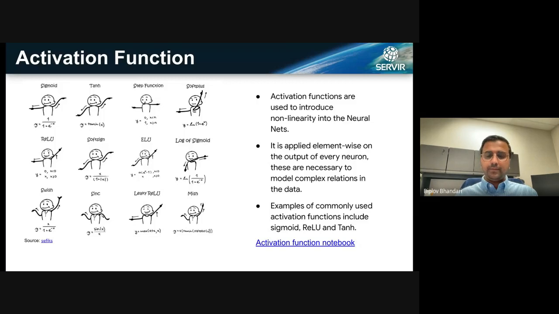But if there's some form of nonlinearity, you could capture that using the activation function. These activation functions are applied element-wise on every neuron in the network, and this actually helps to model complex relationships in the data set.